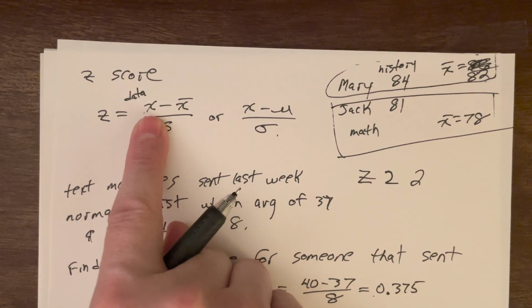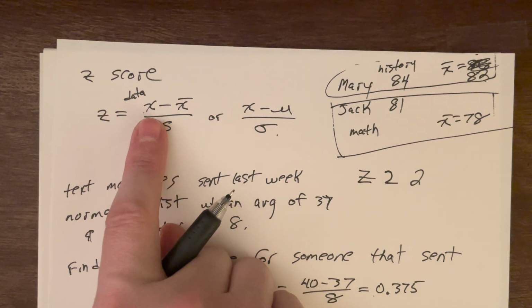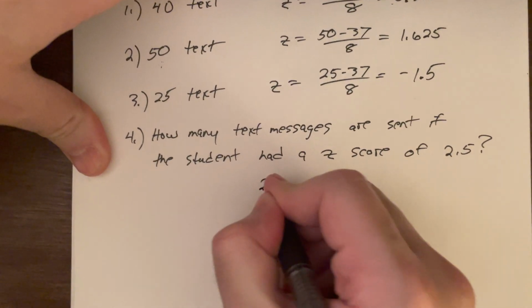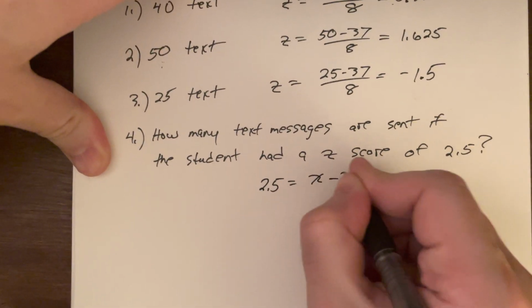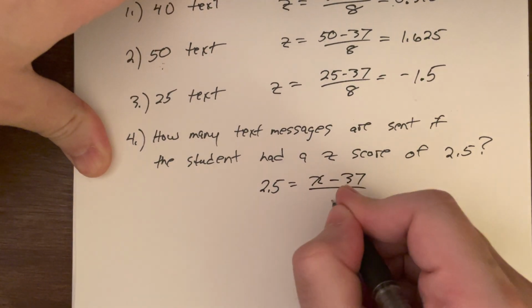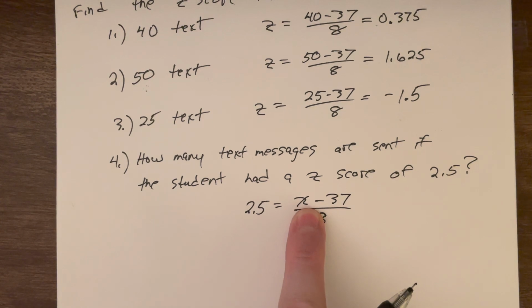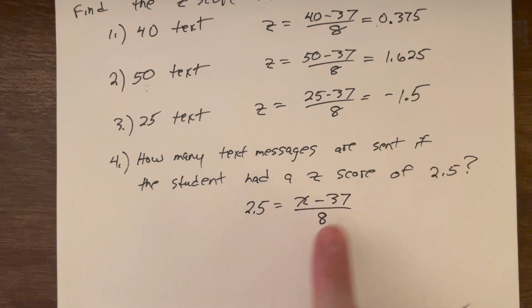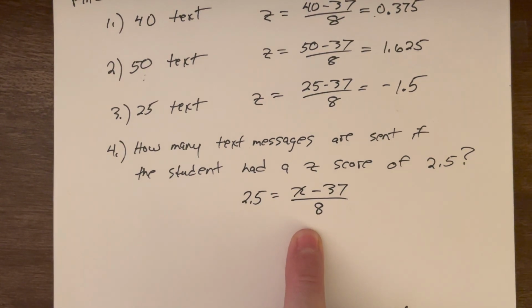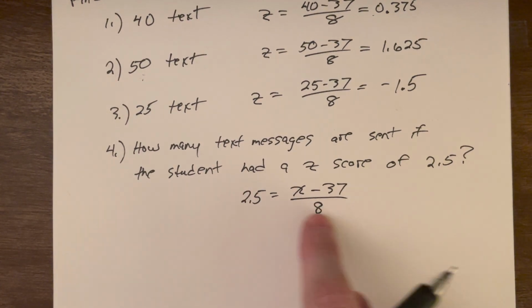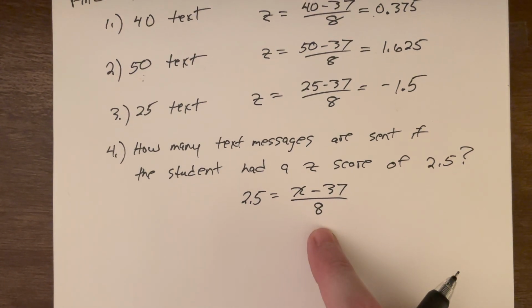So here we have to solve a little bit. Some people, algebra, they'd rather solve algebraically before they plug in. I'd say most people tend to prefer to plug in, though. Z, we don't know x, so we leave that as x, minus, we knew the mean, we knew the standard deviation, and they'd rather solve for x and do it numerically, instead of solving generically and getting a new formula and plugging in.